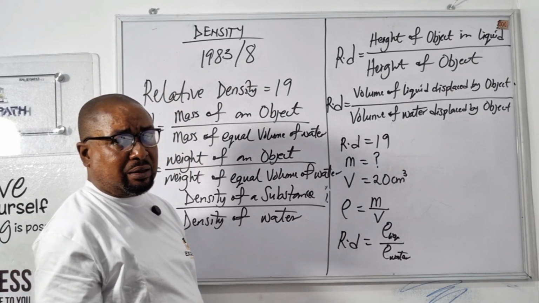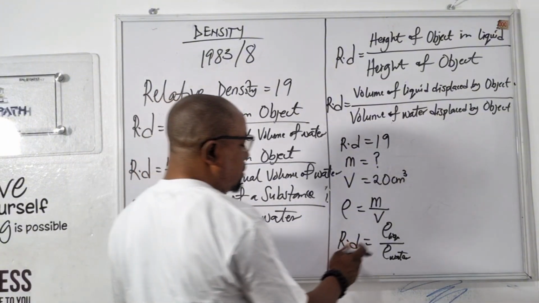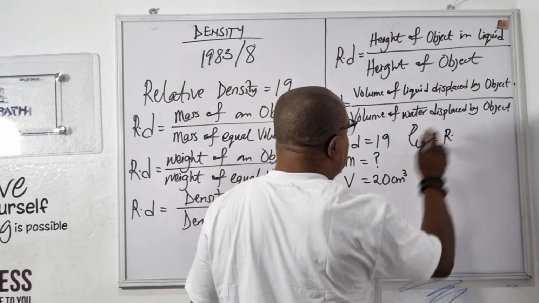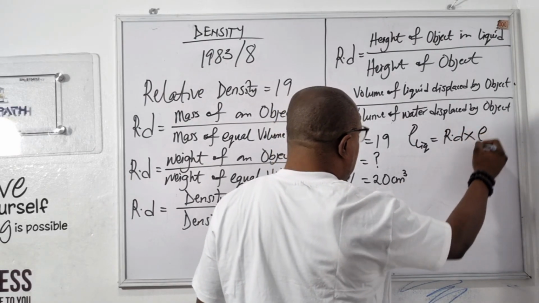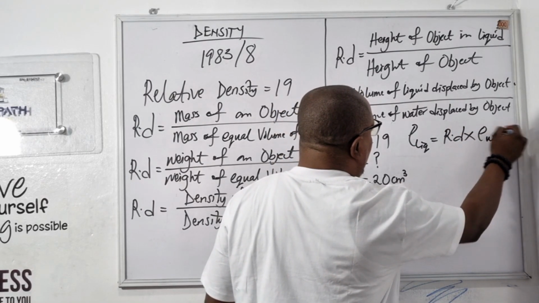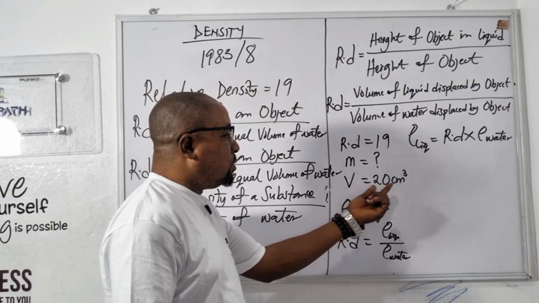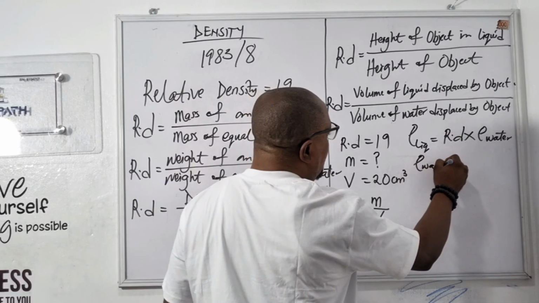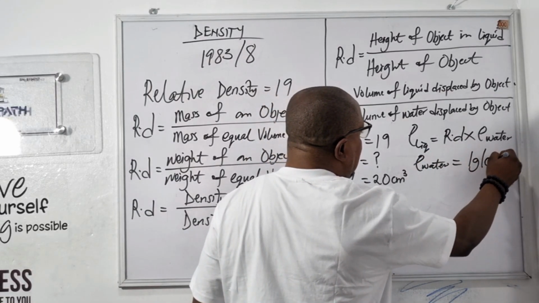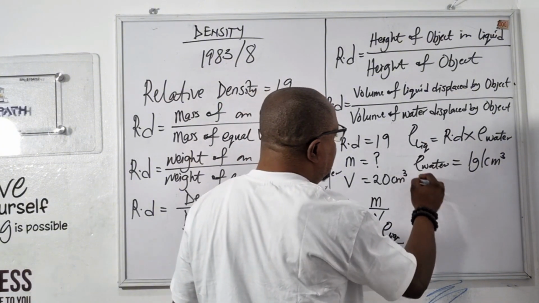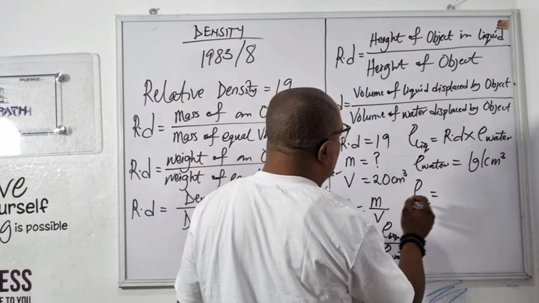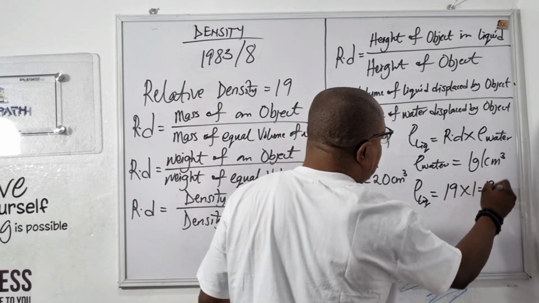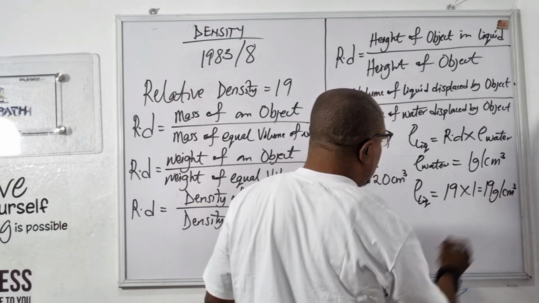Hope the question is clear. So let's go. Density of liquid will be equal to relative density multiplied by density of water. Our volume is in cm cube, so the density of water will be equal to 1 gram per cm cube. The density of the liquid will be relative density 19 times 1, which is 19 gram per cm cube.